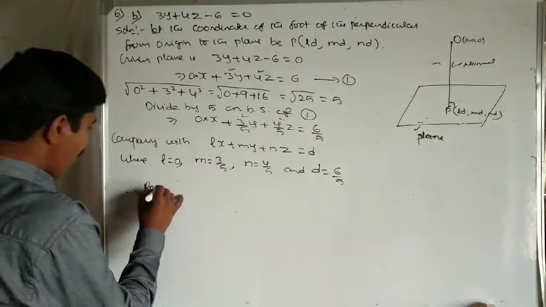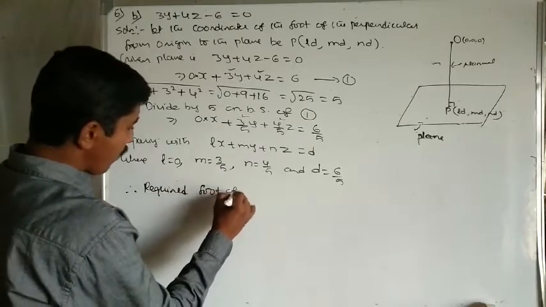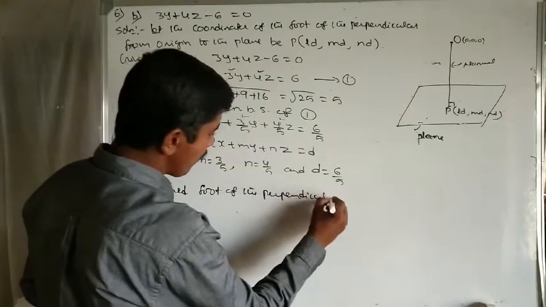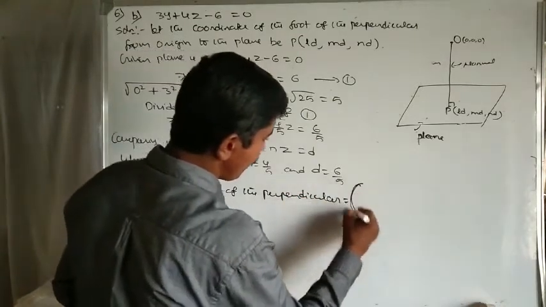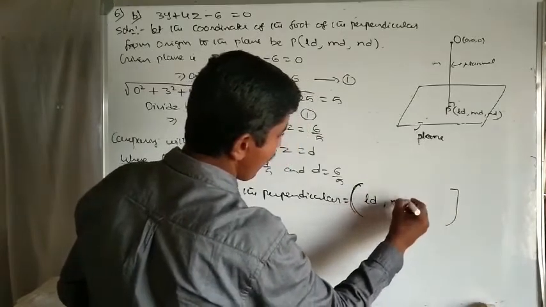Therefore, the required foot of the perpendicular is equal to LD comma MD comma ND.